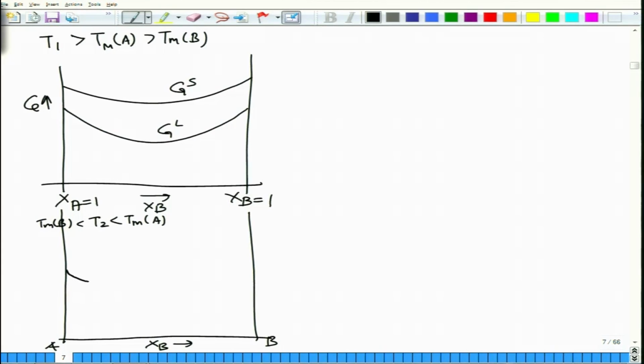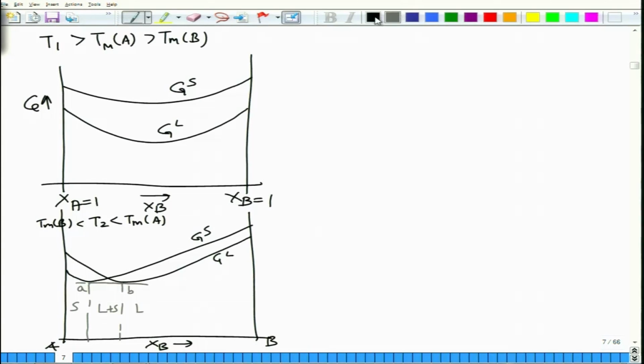There is a free energy of the solid phase, there is a free energy of the liquid phase. So GS, GL, this is the common tangent that we draw. This is solid, this is liquid plus solid, and this is liquid. So this is A, this is B.